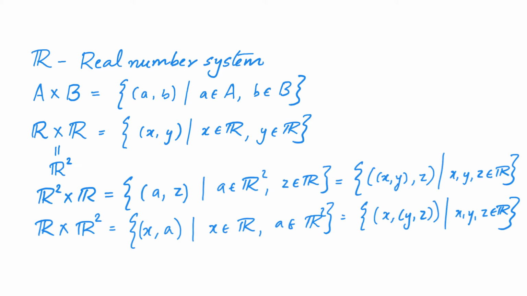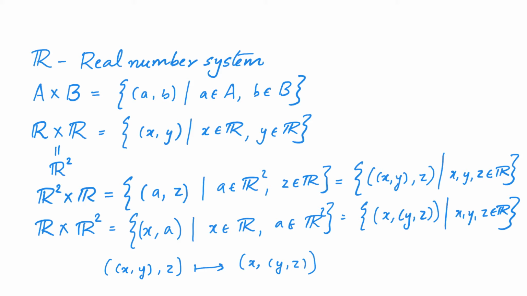But there is a natural map between these two spaces, namely the map that takes ((x, y), z) to the point (x, (y, z)). And this preserves every property that we would ever want it to preserve. And in this sense, we want to say that R2 cross R is the same as R cross R2.